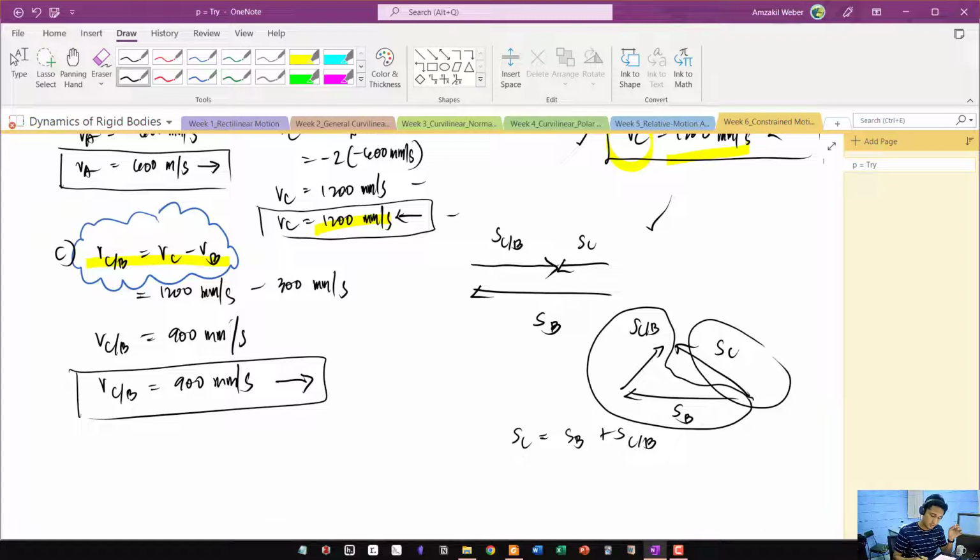Polygon method: head to tail, head to tail. And if you transpose, it means SC minus SB, which is correct. So it should be to the right, throughout the earlier parts.